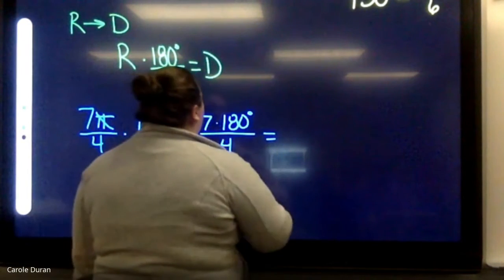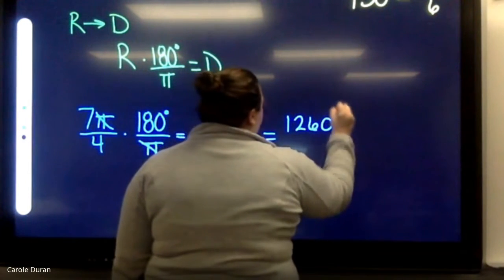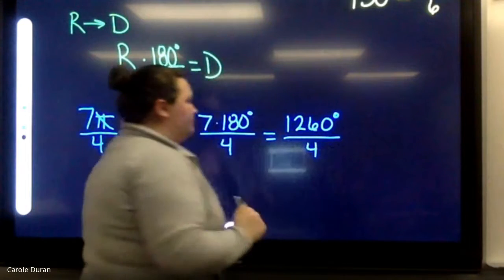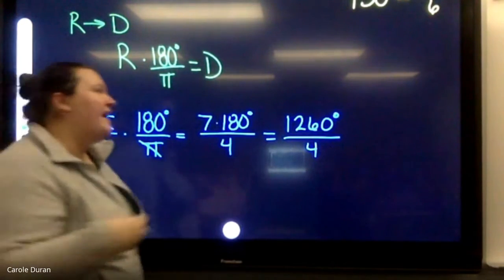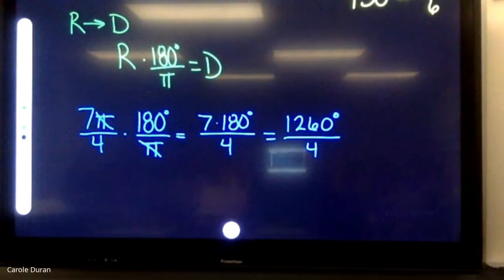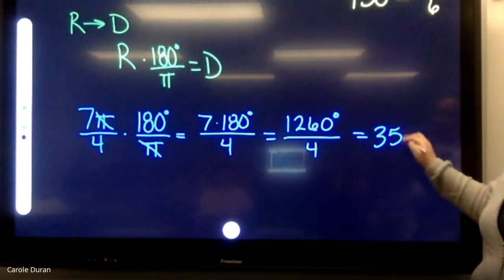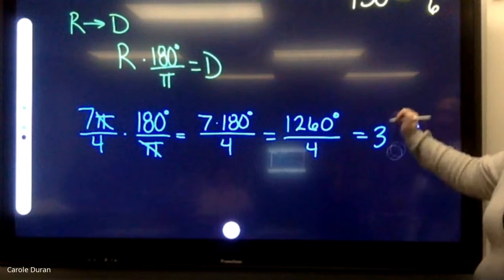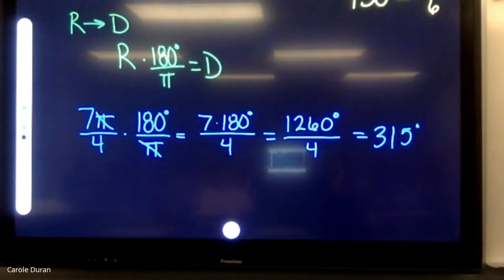If you wanted to go ahead and multiply it out, we would have 1,260 over 4. And then I would look for something large that comes out of 1,260 and 4. 4, what is it? 15, thank you. So the equivalent of 7 pi over 4 is 315 degrees.